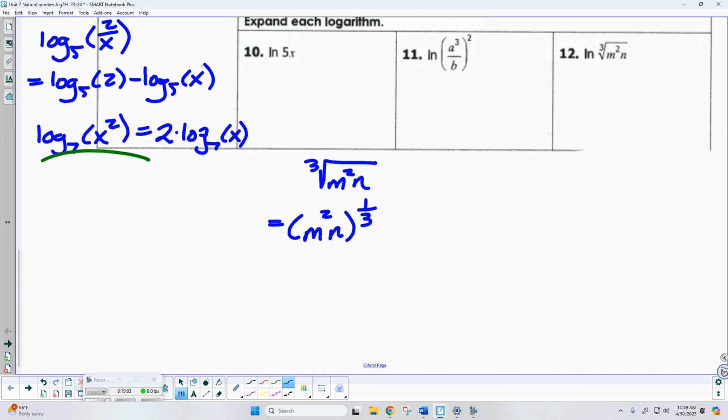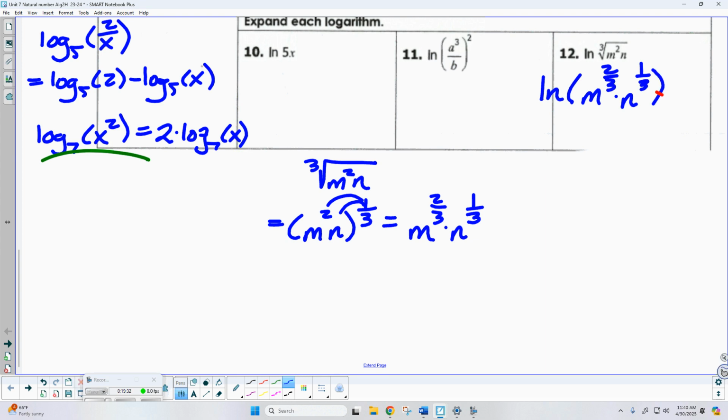But now let's go ahead and simplify this. Let's distribute that power to each of my terms. So it looks like I'm going to end up with m to the what? M to the 2/3 times n to the 1/3. Is everybody okay with what I did? Okay. So now I've got the natural log of m to the 2/3 times n to the 1/3.